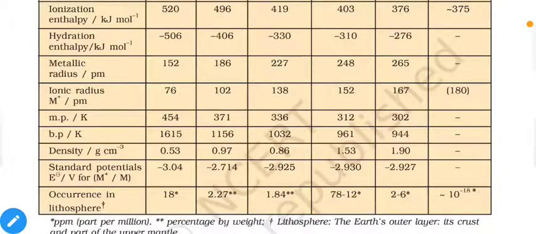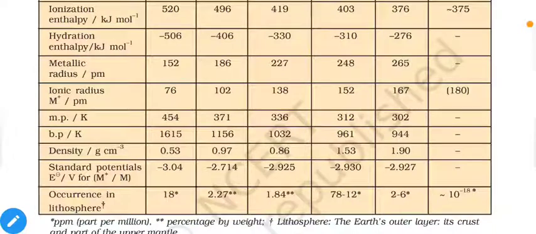Then we have melting points, boiling points, density, and related discussion was already done. Then standard potentials. Standard potential can be represented as the tendency to reduce itself. If an element feels stronger attraction towards the electron, then normally that element will reduce. So if the tendency of reduction is stronger, then the standard potential will be higher.